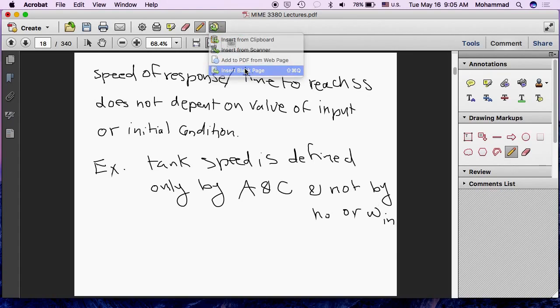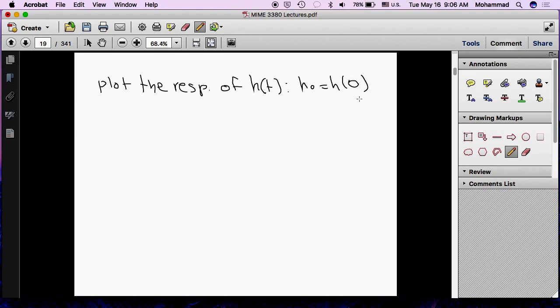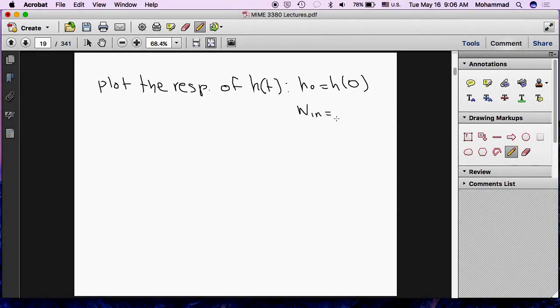Let me write it down. What I'm asking you to do is plot the response of H as a function of time, which is the level of the tank, for the case when H naught is H at time 0, but the input, Wn, is equal to 3 different values.